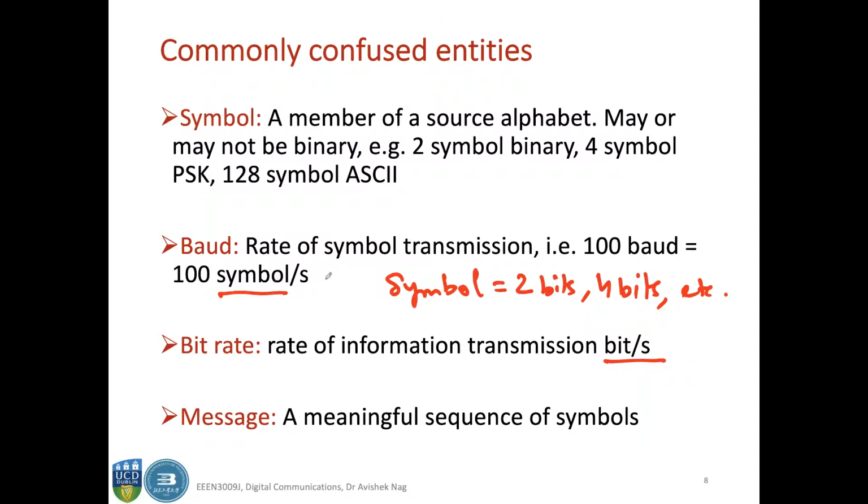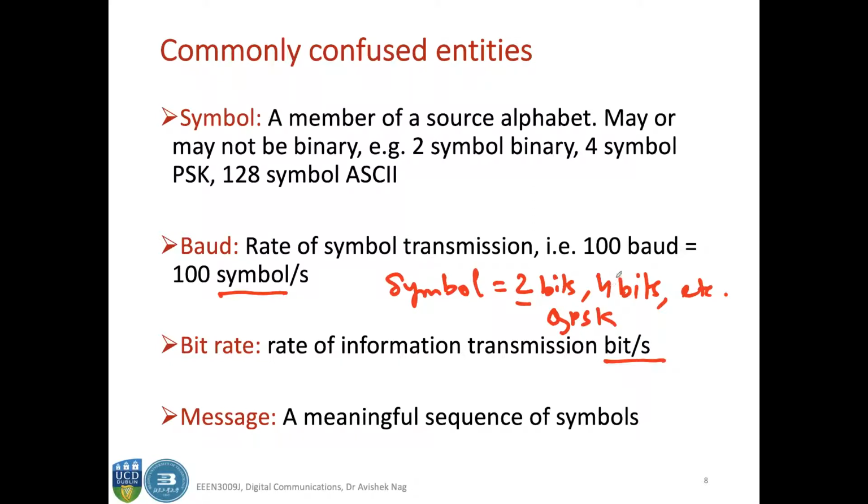So 100 symbols per second, if you are using QPSK, which is 2 bits per symbol, will be 200 bits per second.